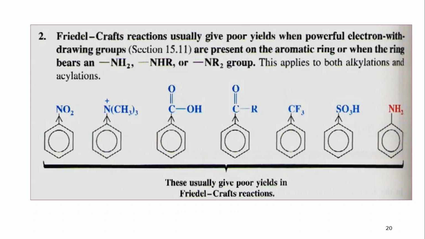If some withdrawing group, in fact a powerful withdrawing group, is present, it will greatly reduce the rate of the reaction, because it will pull the electron density of the benzene ring. So benzene would not be able to push its electrons towards the electrophile to undergo the electrophilic substitution reaction.